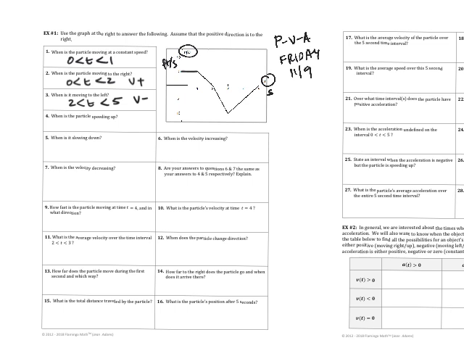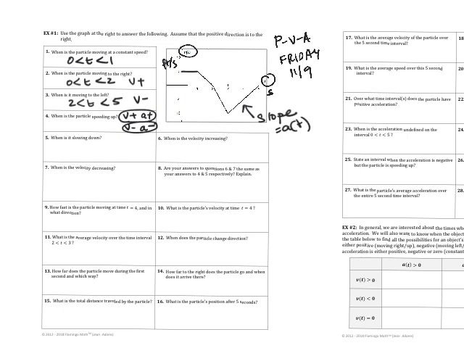Speeding up will happen when either both the velocity and the acceleration are positive or both the velocity and the acceleration are negative. In this graph, this is a graph of velocity, so the slope of the lines in this graph is the acceleration.